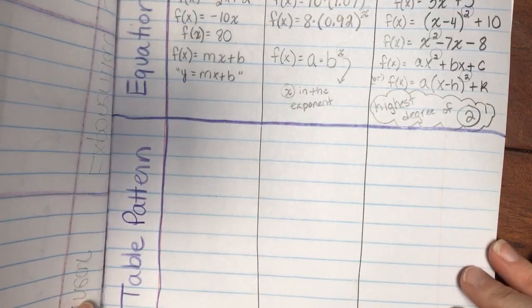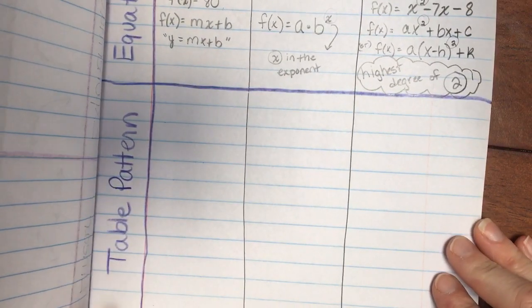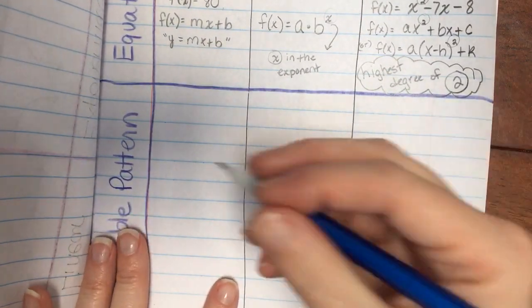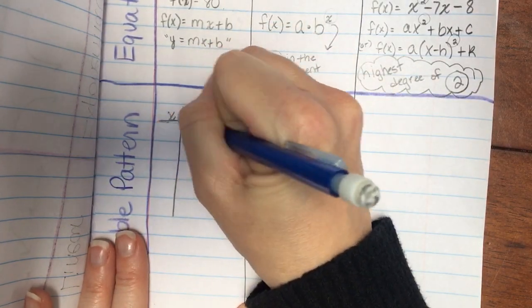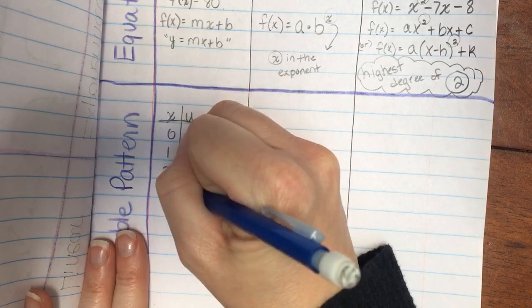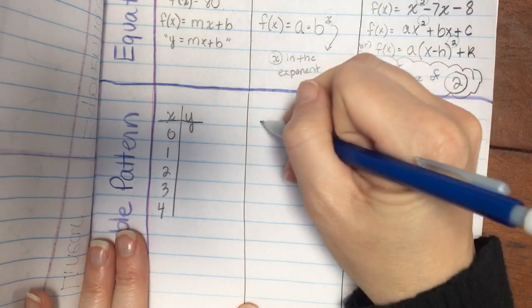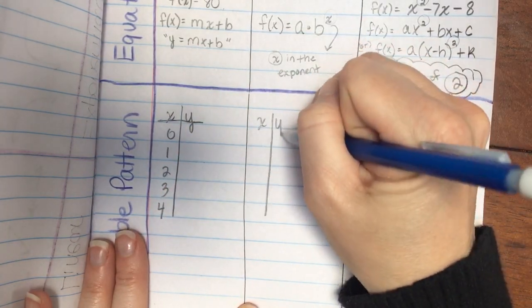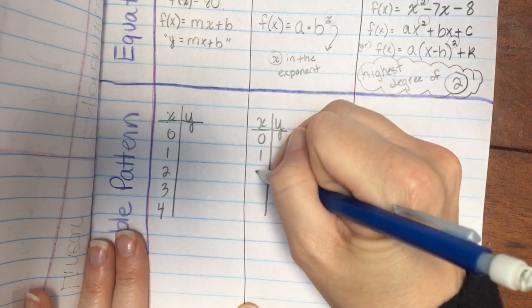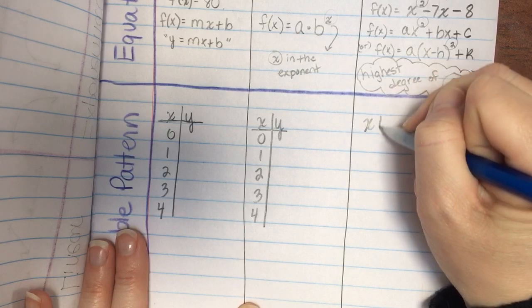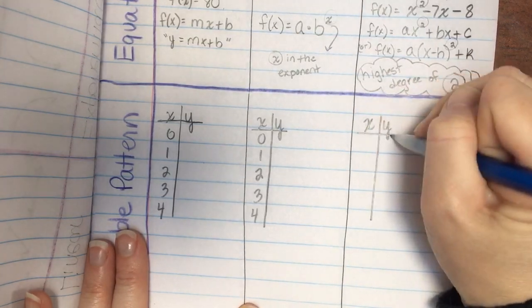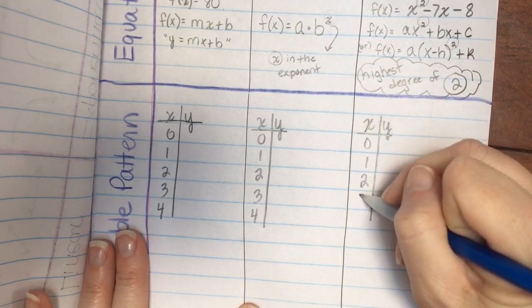Zoom up. Now let's look at their table patterns. I'm going to give you 3 tables. So why don't you go ahead and copy those down. We're going to do the same x's for each of them, and we're really going to focus on those y values or f of x values.